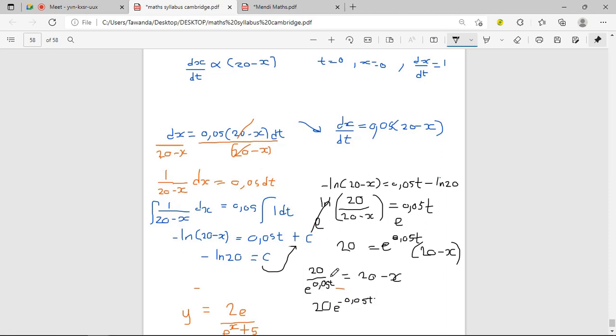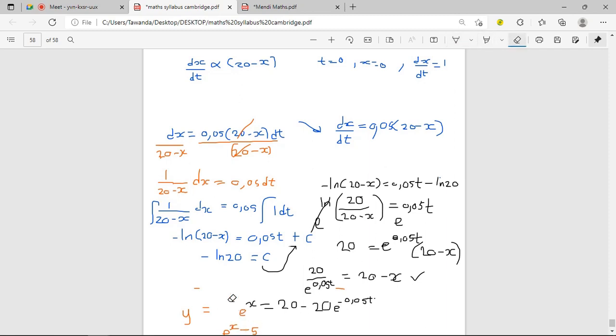So if I'm to make my x the subject, x is equal to 20 minus that. If I take this x to this side, it will be positive x. Then if I take this to this side, it will be negative, right?